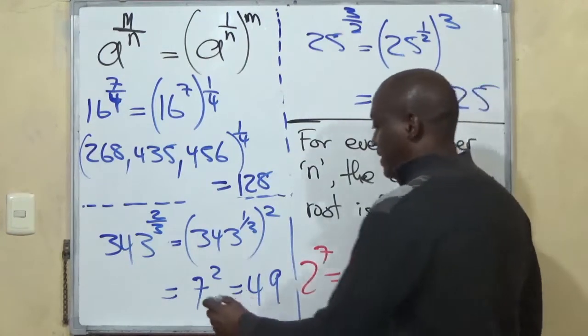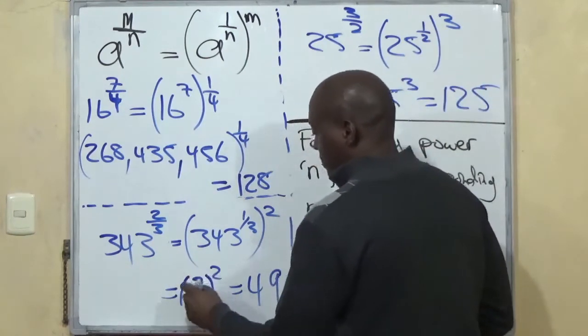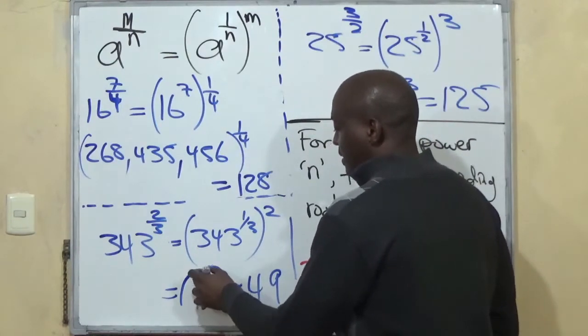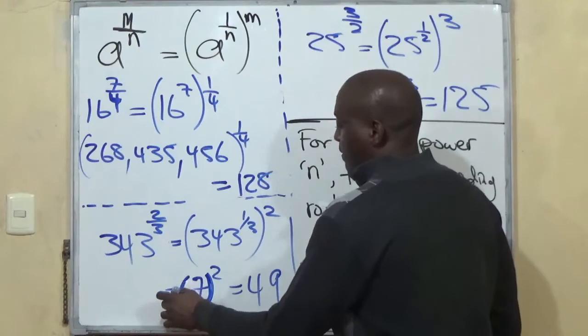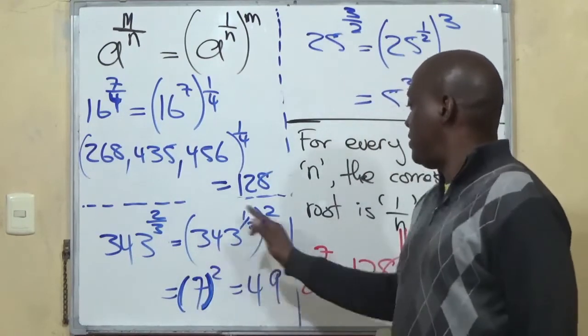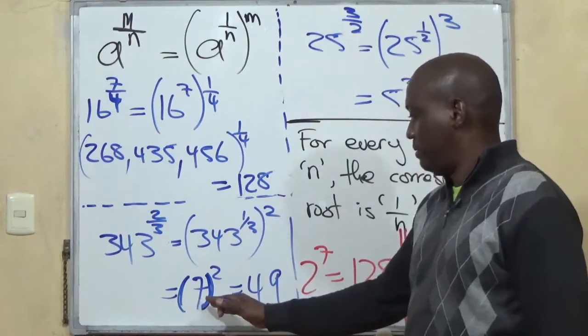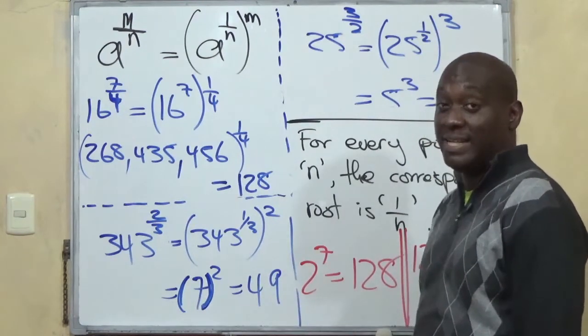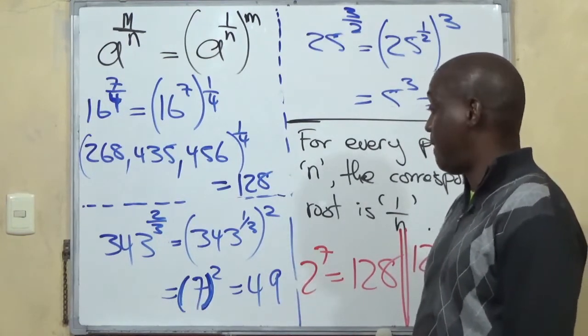So what we'll end up with here will be 7 in brackets squared. I put the 7 in brackets just for emphasis. So 343 to the power of 1/3 is 7, which will then be raised to the power of 2. 49. Problem done right there.